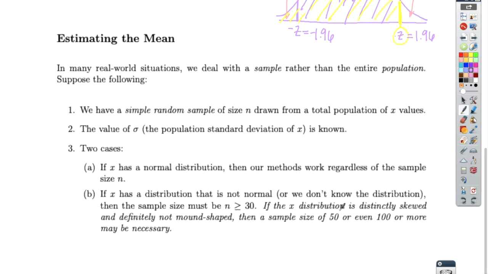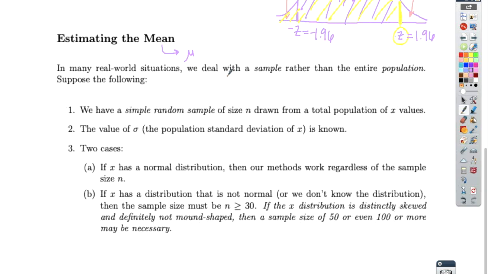Okay, so again, going back to our setup, in this entire chapter, we are estimating the mean. We are estimating the population mean mu. In many real-world situations, we deal with a sample rather than the entire population, which is why we've been dealing with the sample mean x bar.